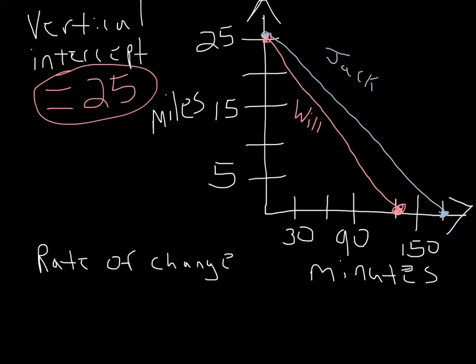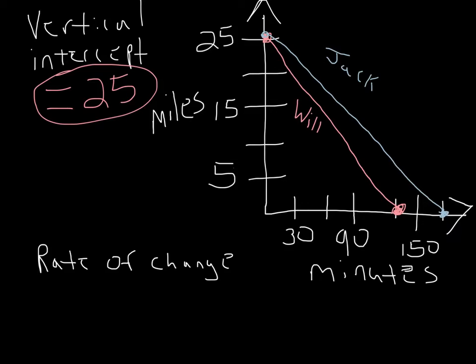Now, as we further look at this graph, we also notice that as Jack went along and ran the 25 miles, by the time he gets down to where he has 0 miles, 180 minutes have passed.